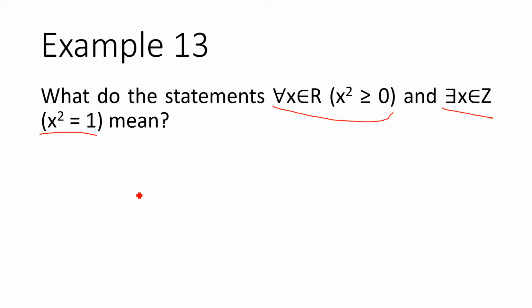So let's write this one. You have for all x element in R, x squared is greater than or equal to 0, which means that for every real number x, x squared is greater than or equal to 0.